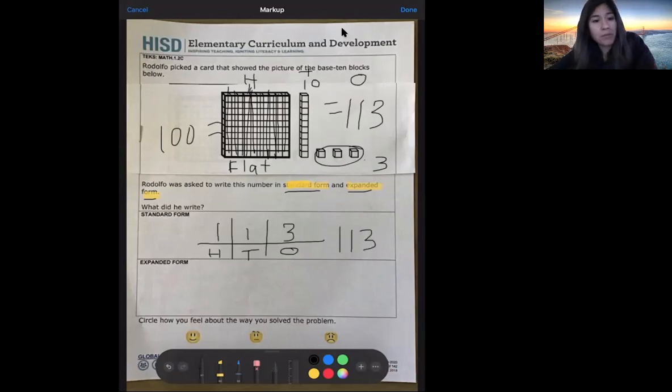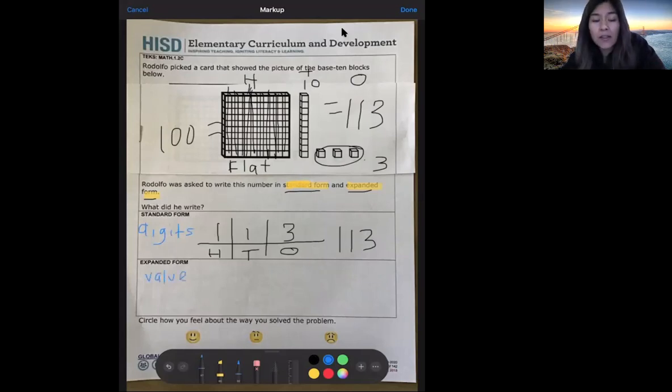Now that we have represented it in standard form, let's move on to expanded form. So let me go ahead and write this. Standard form means digits. And expanded form means value.